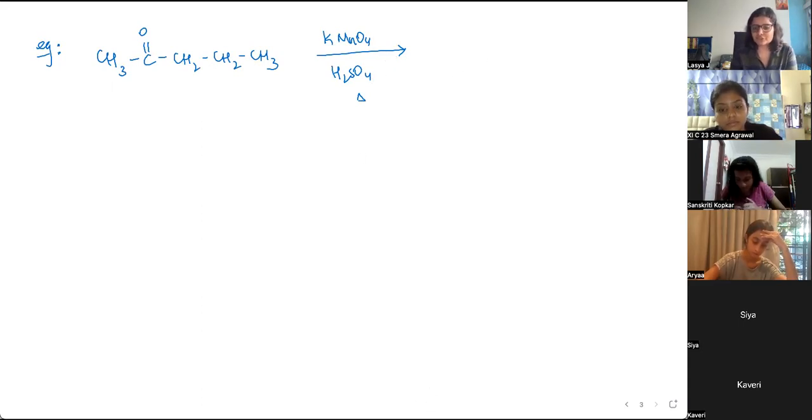It's going to be a mixture of products. Either this bond can break or this bond can break. So suppose this bond breaks. I'll just color code it.